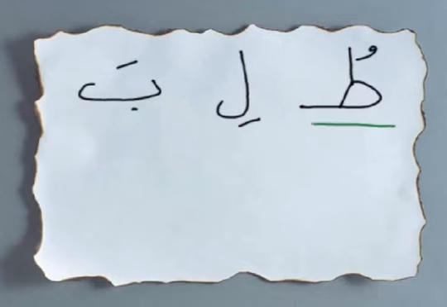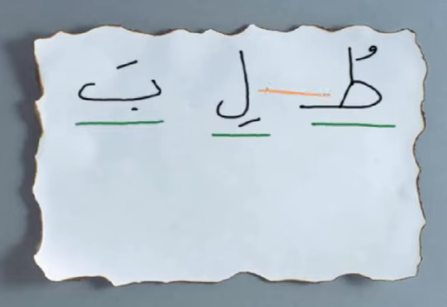All right. The next word that we have here is tu, harful ta, with a dhamma. You get tu, not tu, but tu. Harful lam with a kasra, you've got li. Harful ba with a fatha, you've got ba.